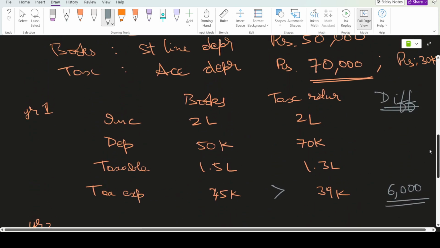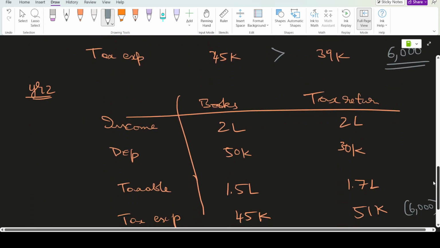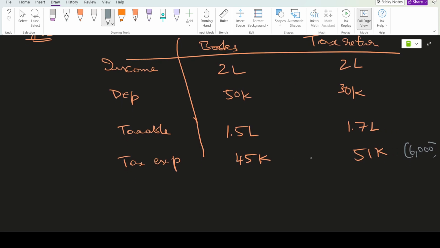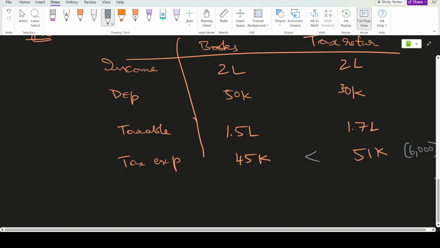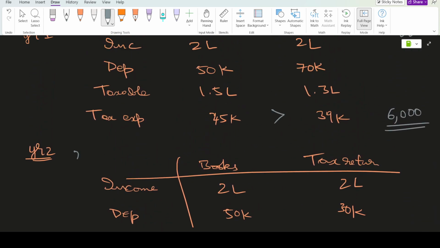So the difference between the books and tax purposes always has to tally, and that is how we do the reversal in the year.